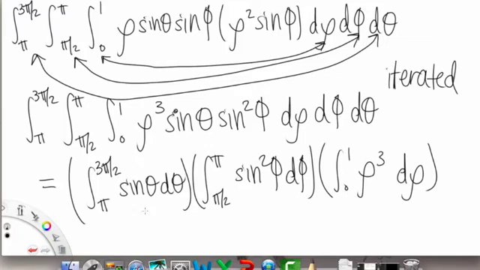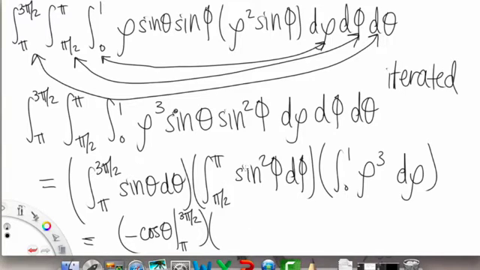All right, and now we'll just solve through each one separately. So first here we have a negative cosine theta. That's what that turns into. And then as theta goes from pi to 3 pi over 2 in parentheses.